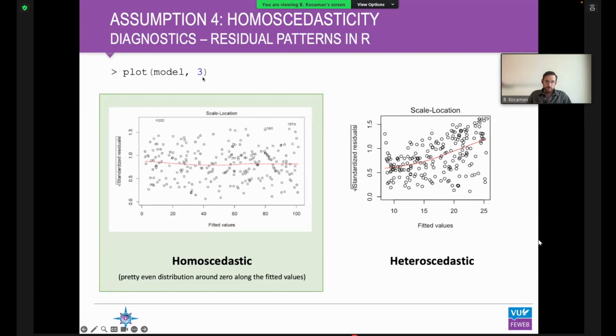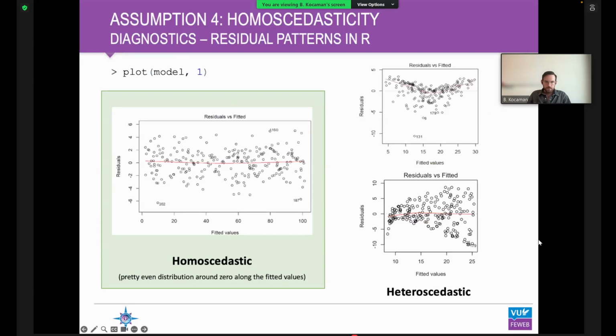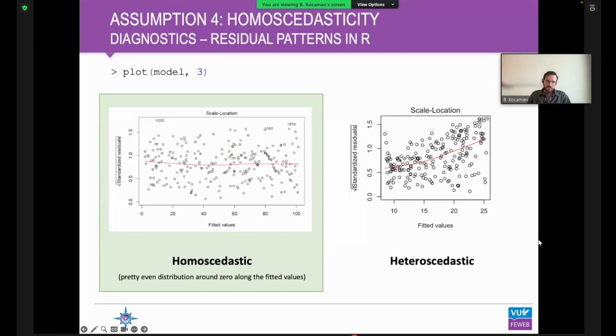You can also use another plot to look for homoscedasticity, and that is the square root of standardized residuals versus fitted values. This is called a scale location plot, and it is in the third position of the plots that you get out of your model. This is quite similar to the previous plot, but here you basically look if there is an increasing or decreasing pattern.